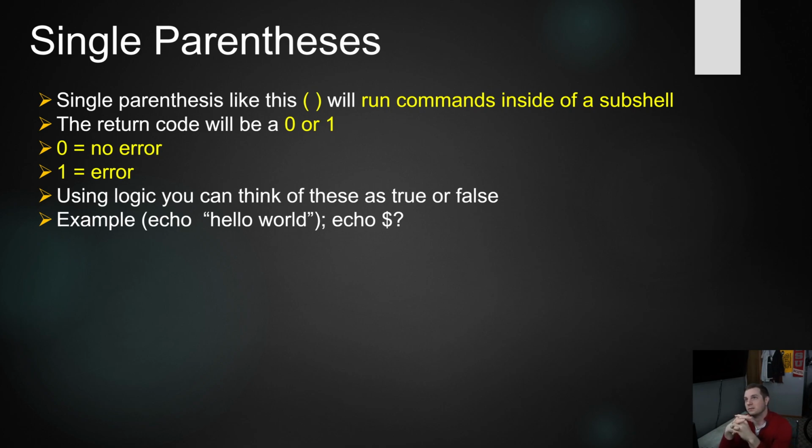So you can't do anything like a mathematical evaluation here and then expect the number to come back as something like 5. It's either going to be a 0 or a 1, a true or a false.